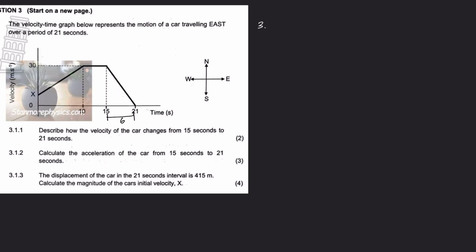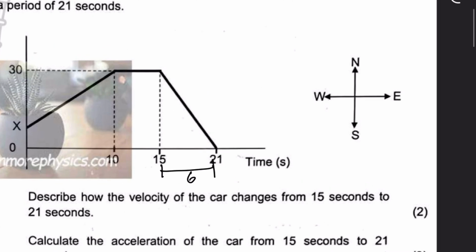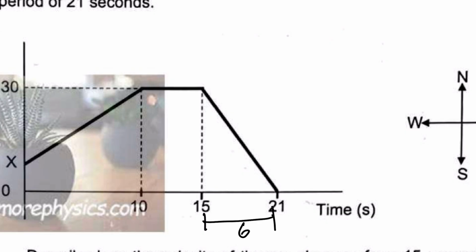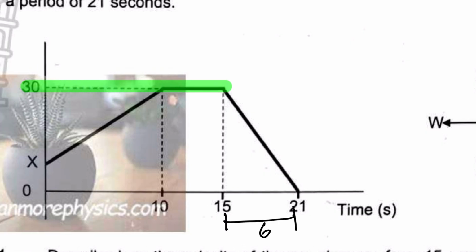So question 3.1.1, we can see that at 15 seconds the car is traveling at 30 meters per second, and at 21 seconds the car is traveling at 0. So the velocity has decreased.